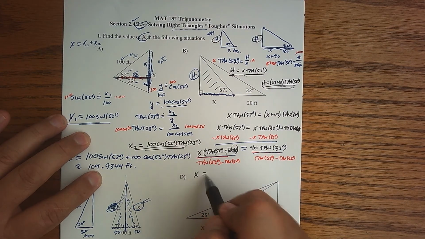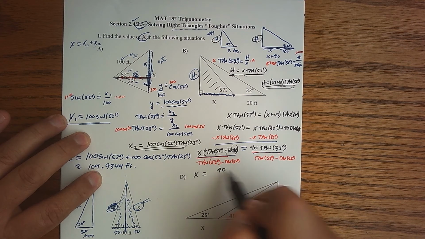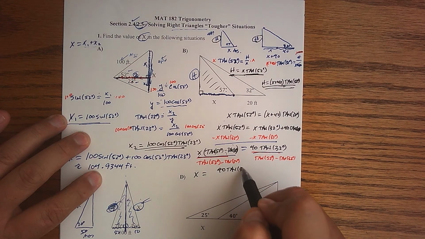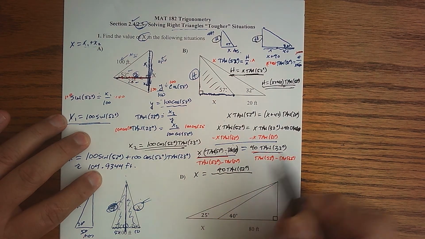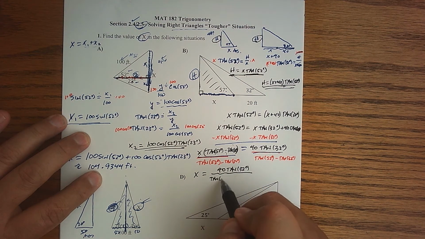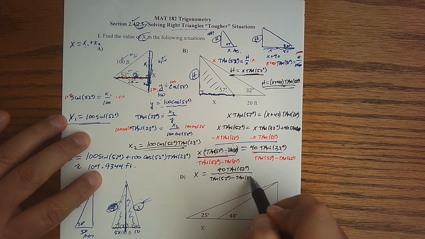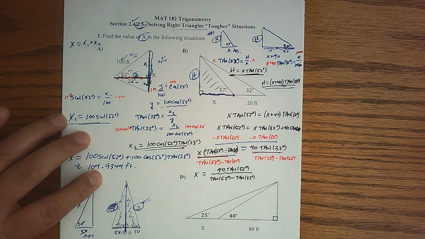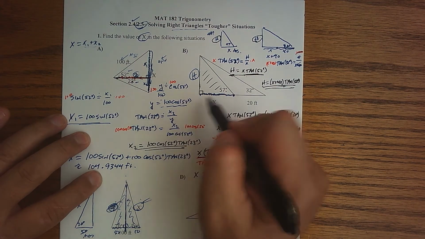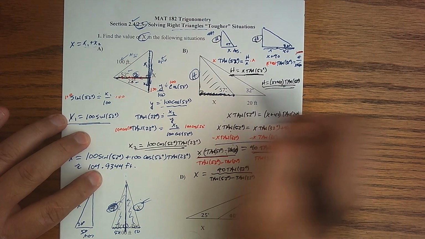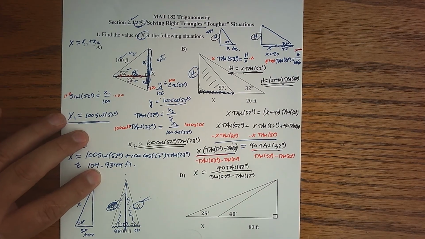X is equal to 40 tangent of 32 degrees, all divided by the tangent of 52 degrees minus the tangent of 32 degrees. So there would be your exact answer for what that X value represents in that crazy triangle situation.